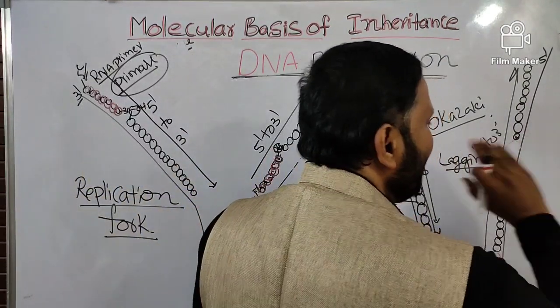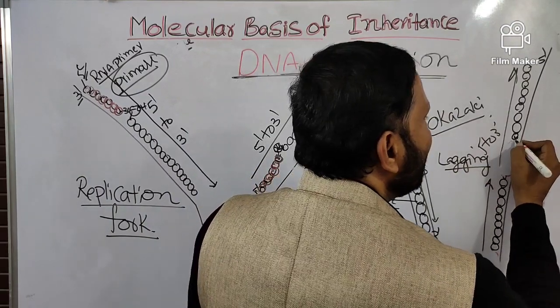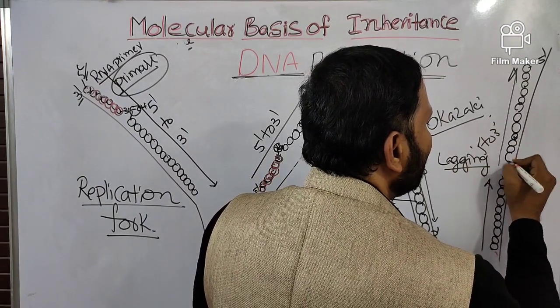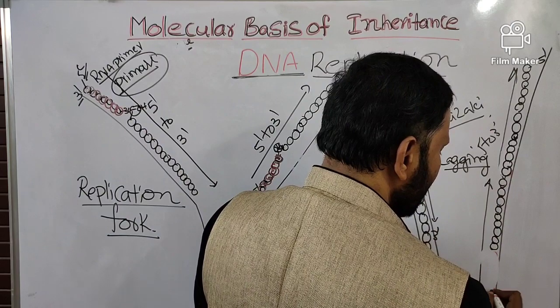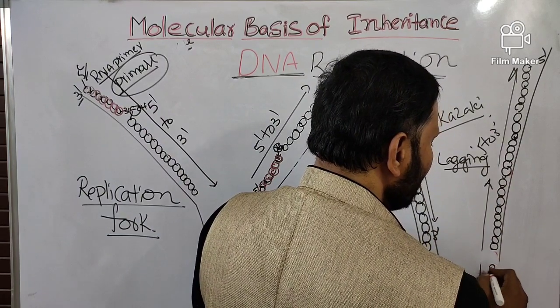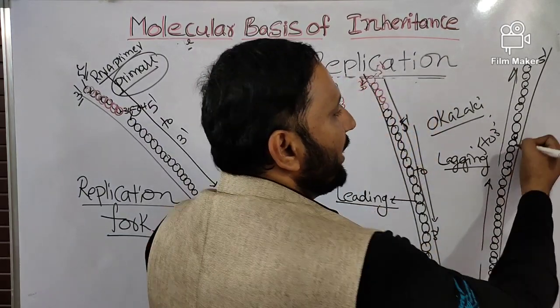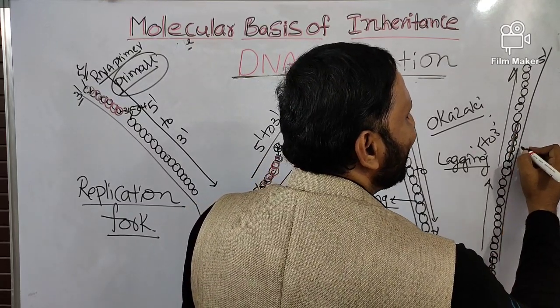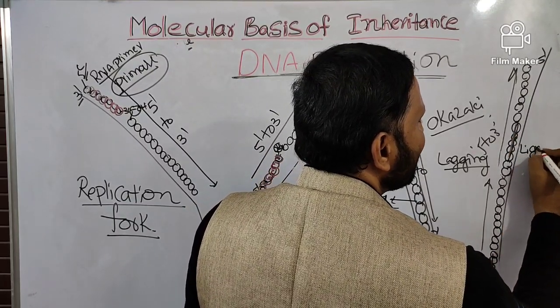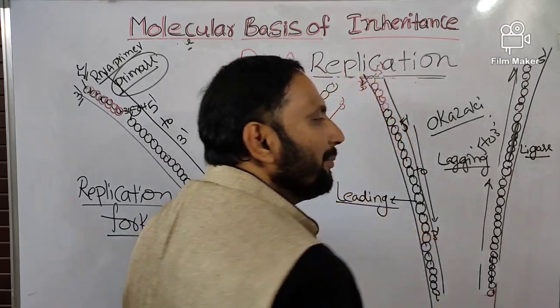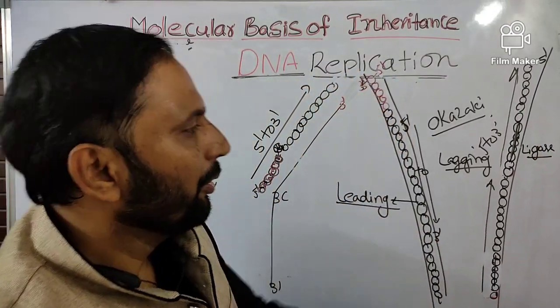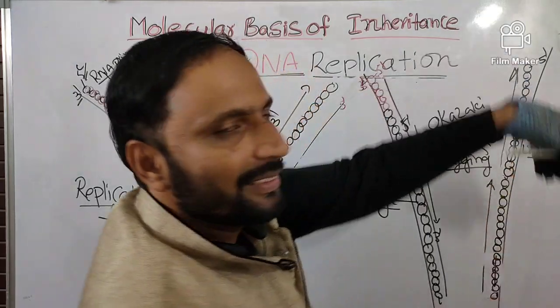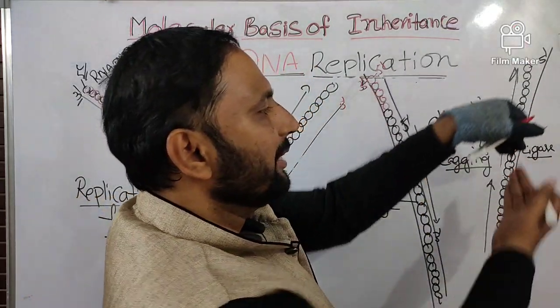Slowly, these gaps are also filled by DNA nucleotide sequence. If there are any gaps, those gaps are also filled by the DNA ligase enzyme. Ligase enzyme is helpful for fusion of those fragments. So ligase enzyme is involved.